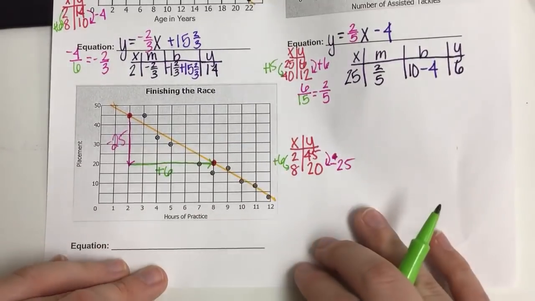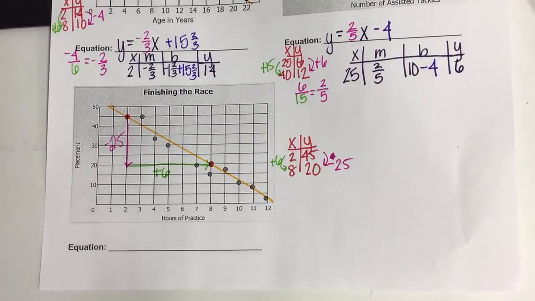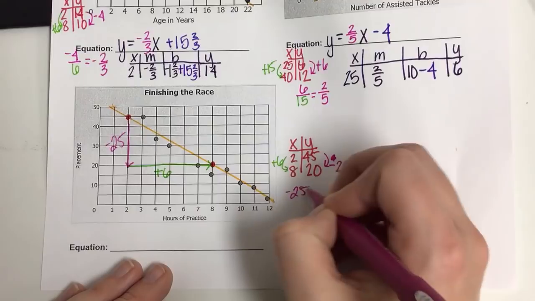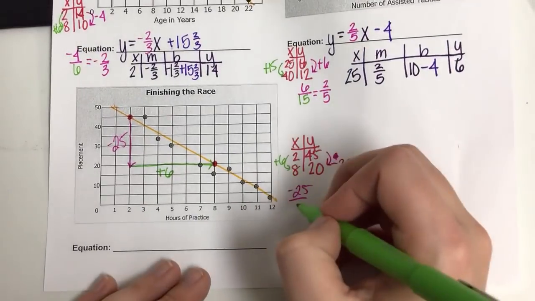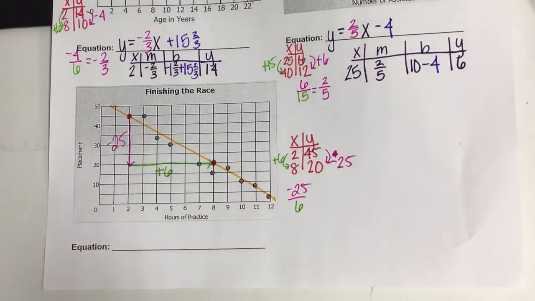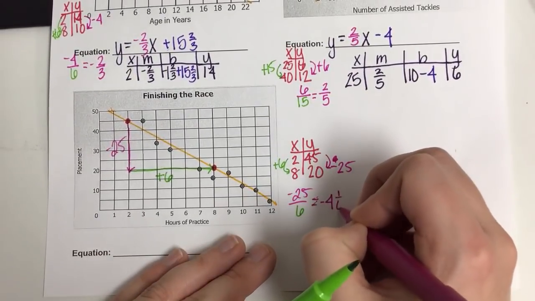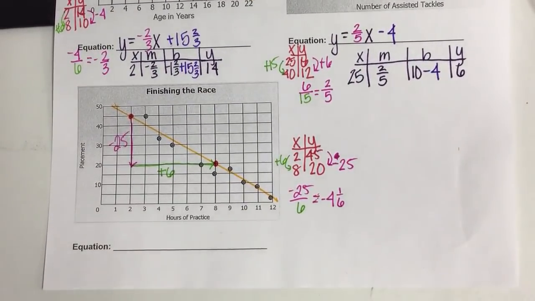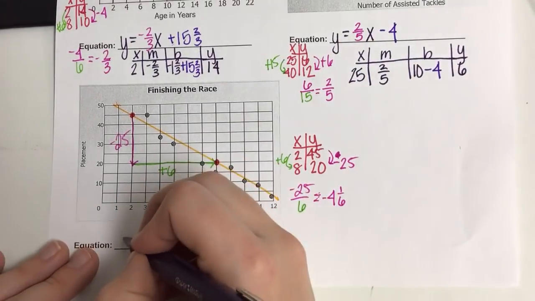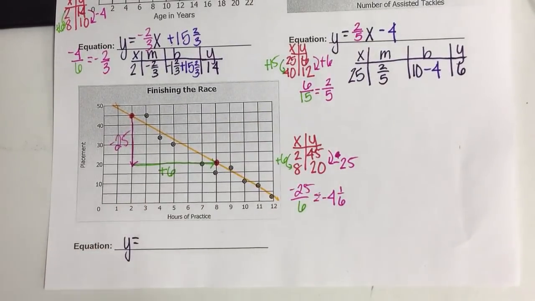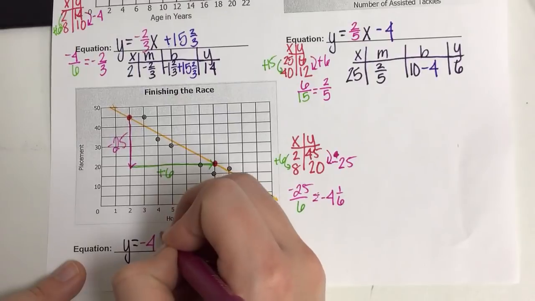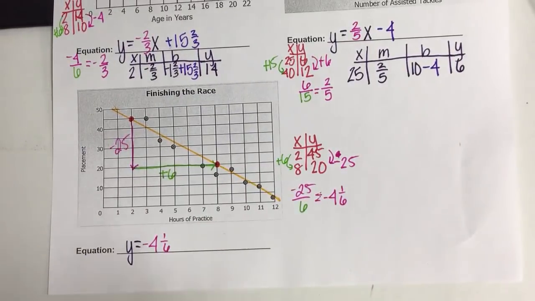So plus 6. Okay, so that gives us a negative 25 over 6. That does not reduce, but if you want to write it as a mixed number, it is negative 4 and 1/6. So far for our equation, we have y equals negative 4 and 1/6 x.